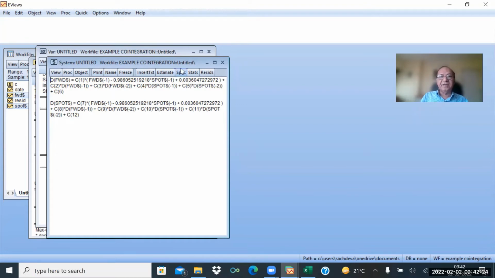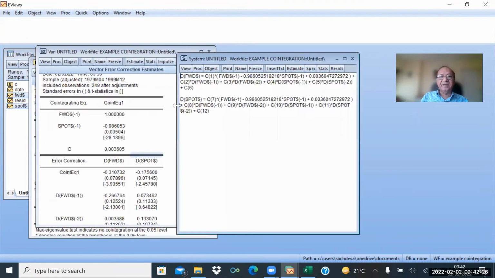The constant is 0.003605. Now the coefficient of lag price is minus 0.98053. So this is the coefficient of this.